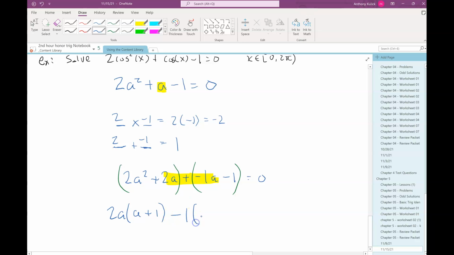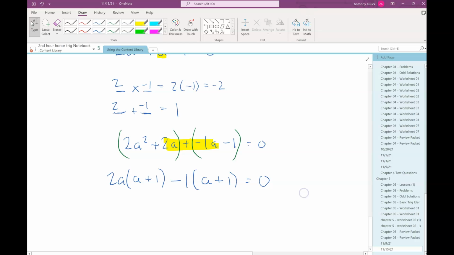When I take that -1 out, what's left? A plus 1. Notice now each of these terms has an a plus 1 in common. So if I factor out that a plus 1, I'm left with 2a minus 1. Now it's factored.